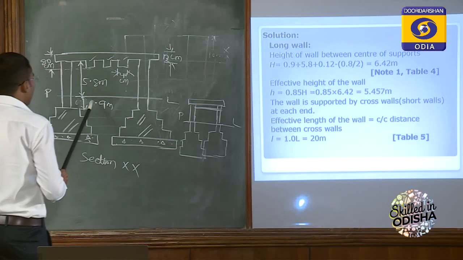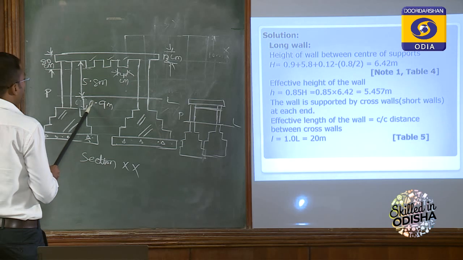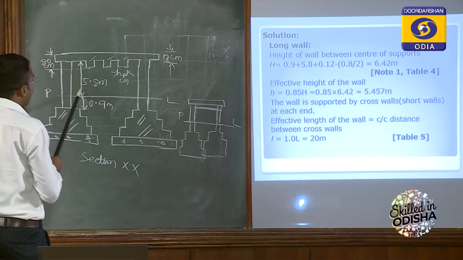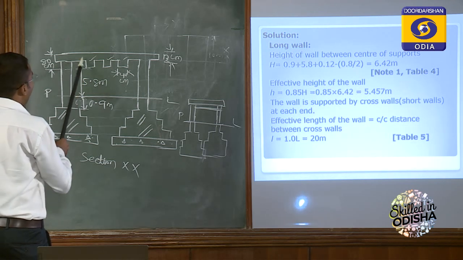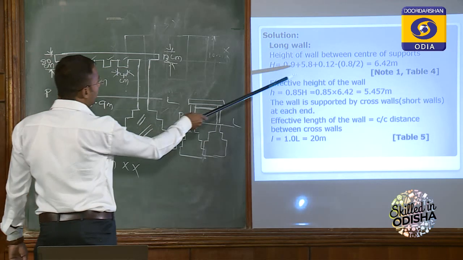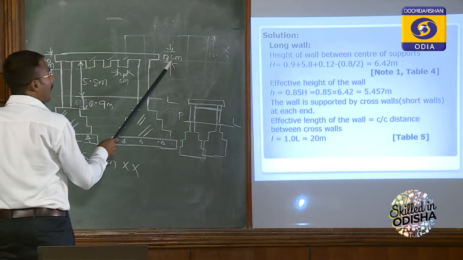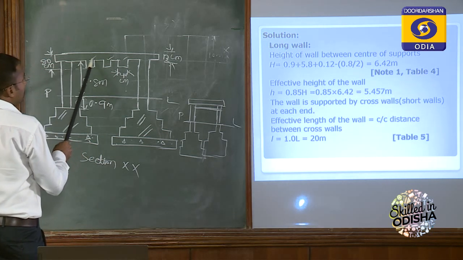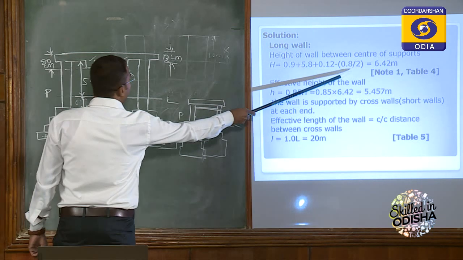So 0.9 is the distance from the top of the footing to the plinth level. Then 5.8 is the clear height as given in the question. And 0.12 is the slab thickness. You can see here 12 centimeter is taken in meter, that is 0.12 meter, and we have to deduct 0.8 by 2.